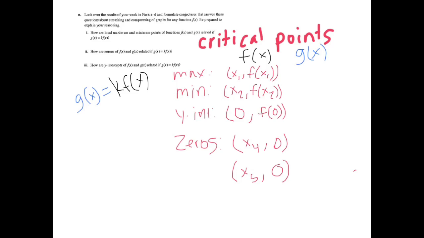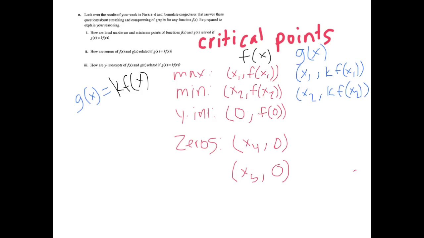So that will give us x1, comma, k times f of x1. The minimum will be x2, comma, k times f of x2.